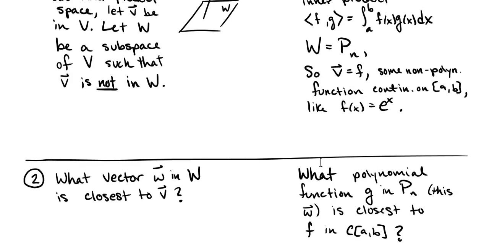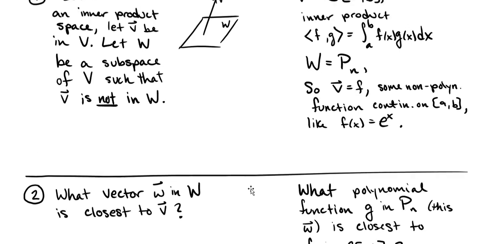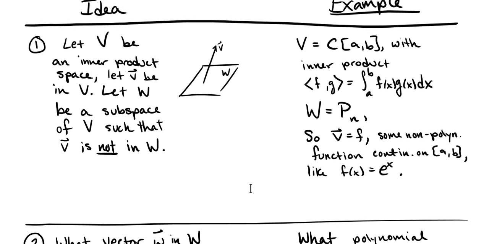Then what we want to ask is, what vector in W is closest to V? Out of all the vectors I can look at in this subspace W, which one is the closest to this V that's outside? And visually, what does it seem like?